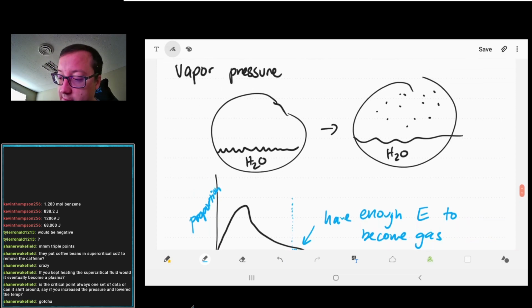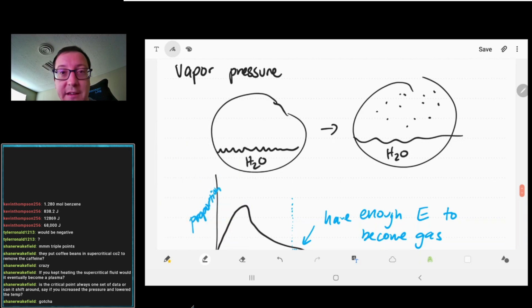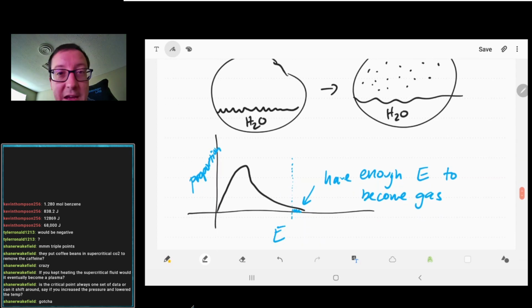And so we're going to see that if we were to put water into an empty, vacuumed container, a portion of it will immediately turn into a gas, just because that portion of molecules happens to have enough energy to do so.